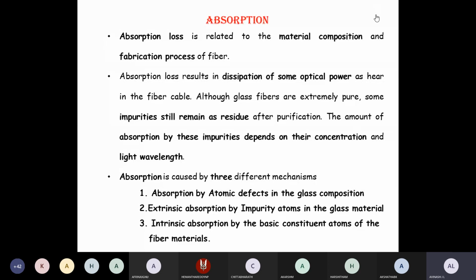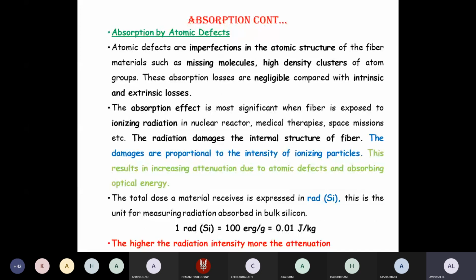Okay, so you have taken it, I think. The first one is absorption by atomic defects. Atomic defects are the imperfections in the atomic structure of the fiber material, such as, in the chemical composition, some missing molecules.